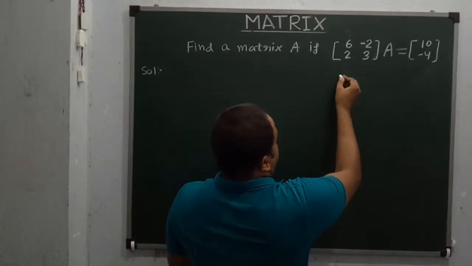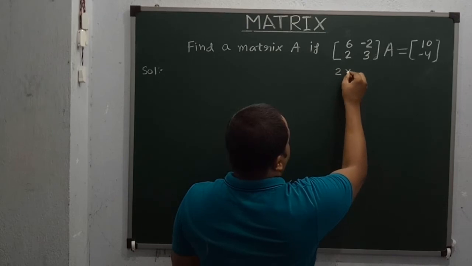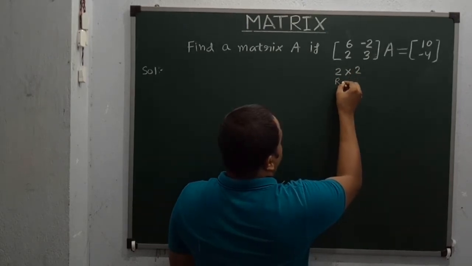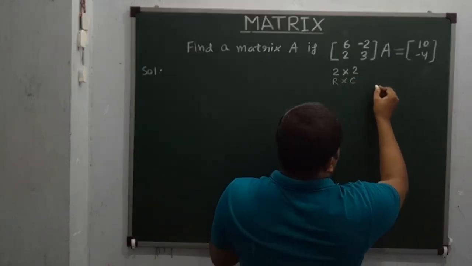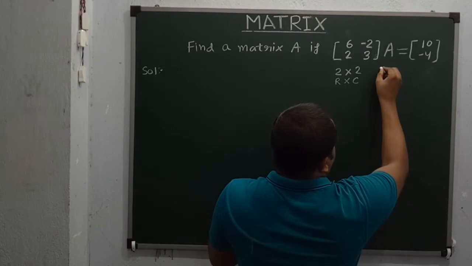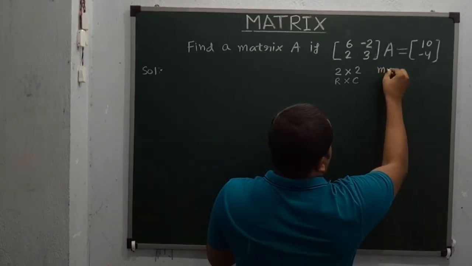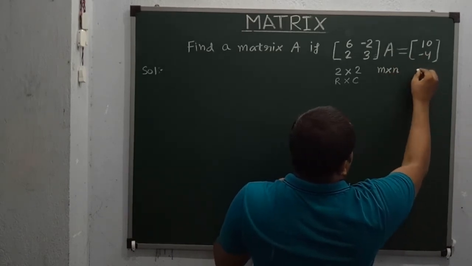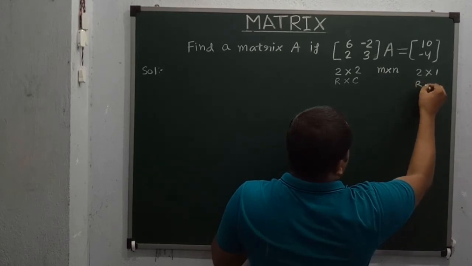Here if we check what we are getting, the order of the first matrix is 2 into 2, means row is 2 and column is also 2. This one we don't know the order. Suppose if I say the order is m into n, and this one order is 2 into 1, means row is 2 and column is 1.